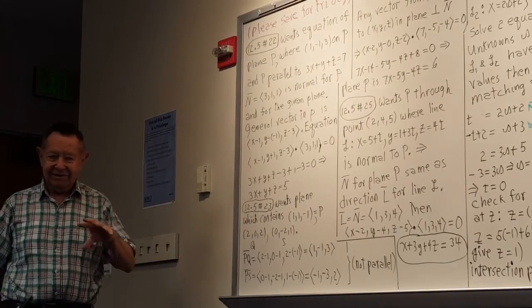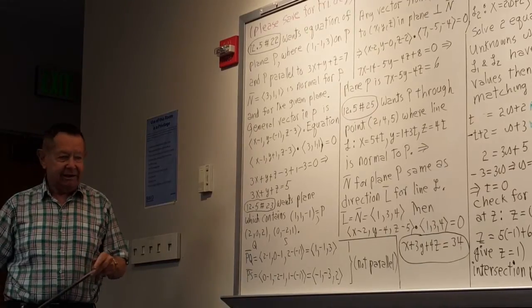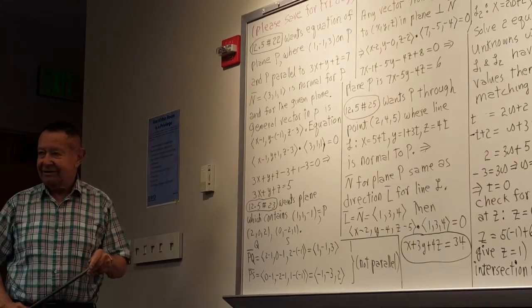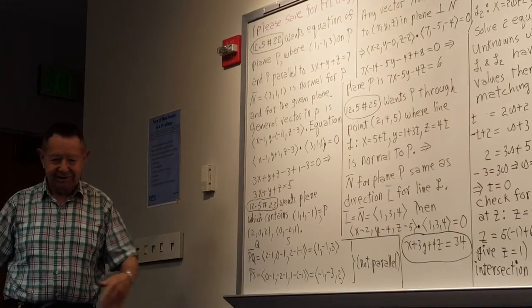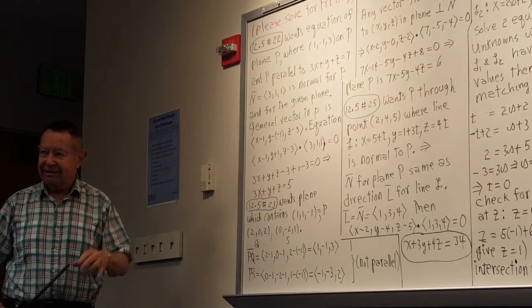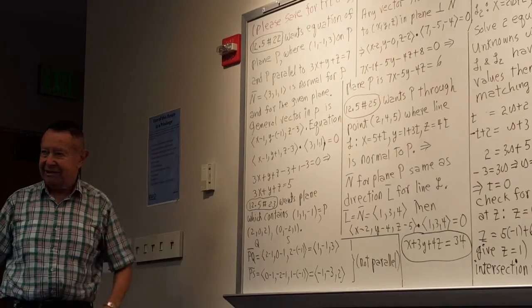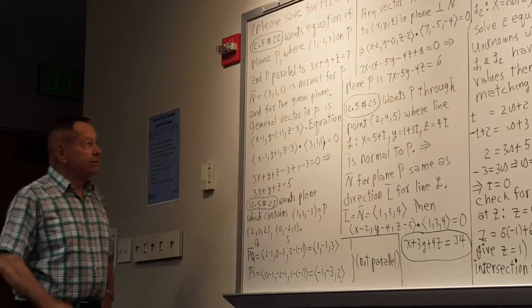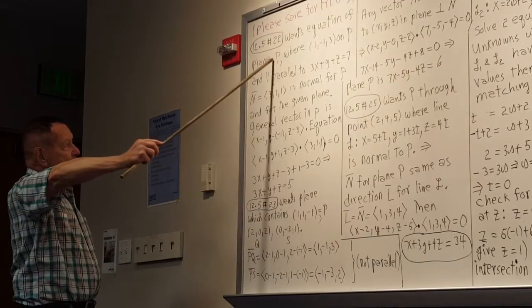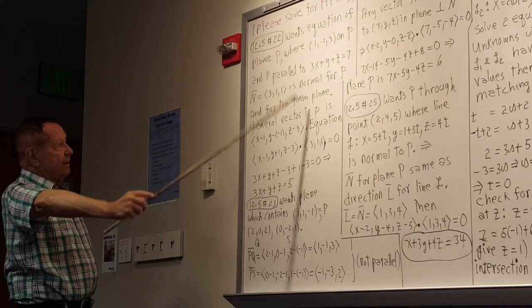It's a subtle sort of thing, and people can go a long way in physics and engineering and in school generally, and never quite get how subtle this vector concept really is. So anyway, n for the plane in our problem is also 3, 1, 1.